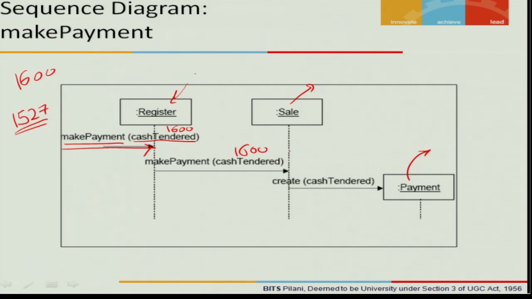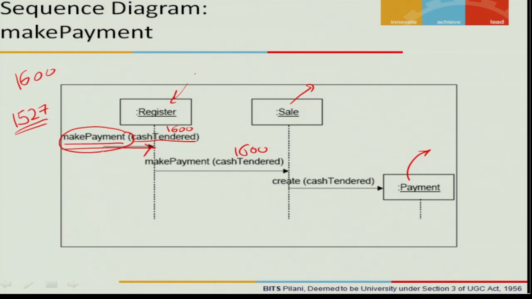What will sale do after receiving make payment? It will create the payment object. So can you tell me which functions register contains? It will have this make payment function. What will be the code of the make payment function?